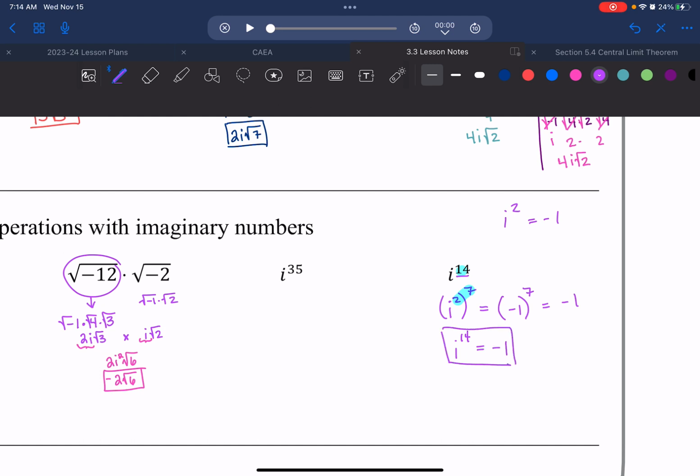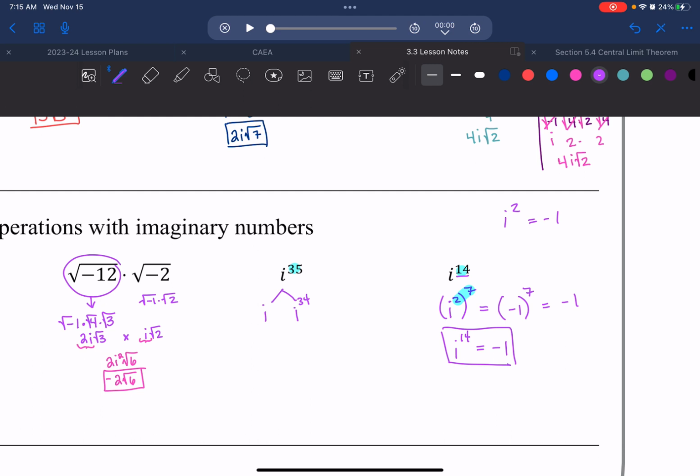Now if I go back to the example that I skipped, i to the 35th power, you can see I can't equally make a set of i squareds. So I first factor a single i out of i to the 35th power. That leaves me with 34 i's.